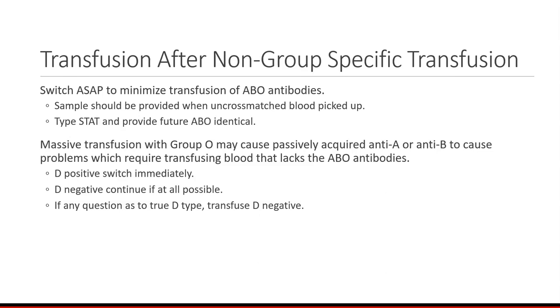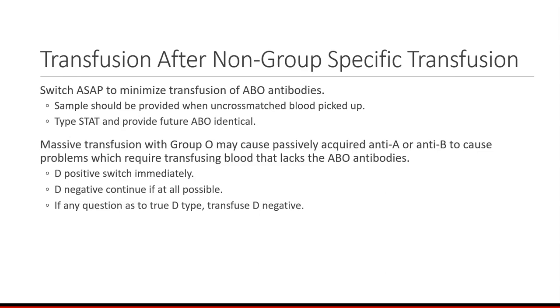When the bleeding has stopped, what do you do after non-group specific transfusion? Switch ASAP to their own blood group to minimize the transfusion of ABO antibodies. Because after you transfuse about 10, 15, 20 units of red cells, the plasma then does become a factor. The sample should be provided when the uncross-matched blood is picked up, and then you want to type that sample stat and provide ABO identical for future transfusions.